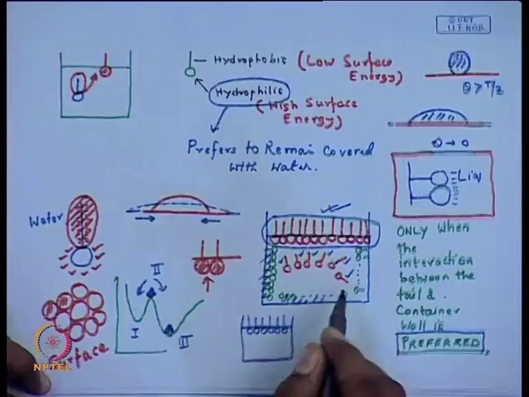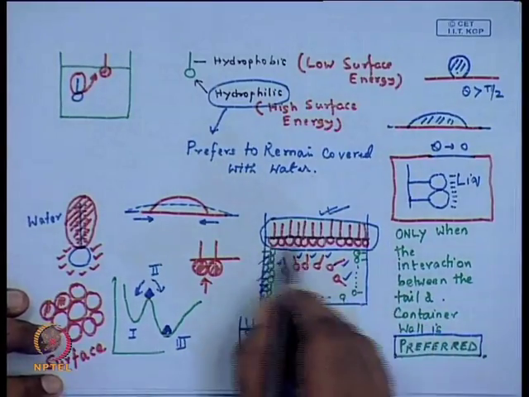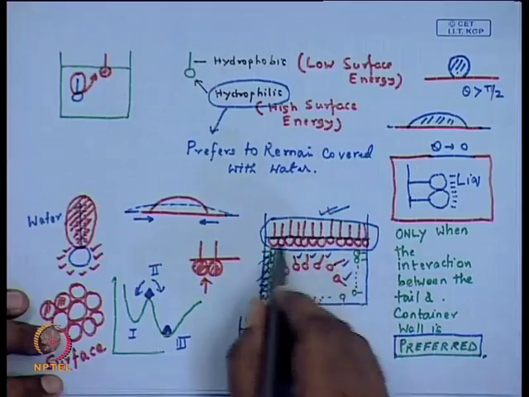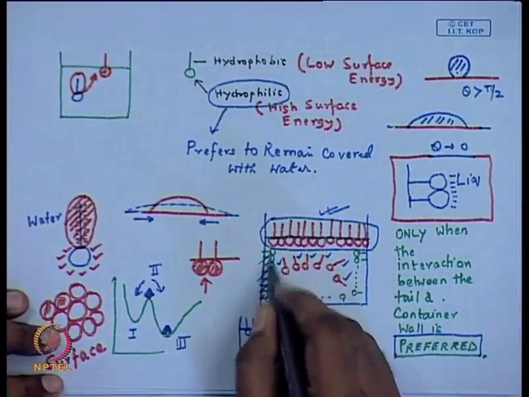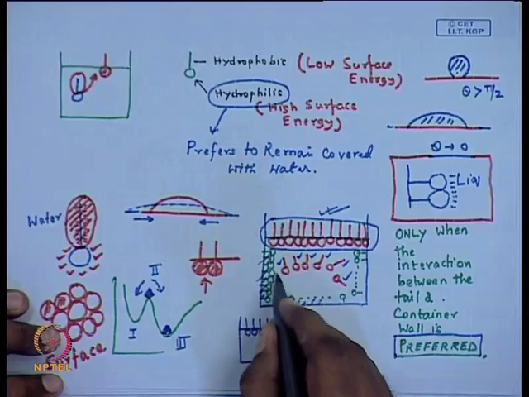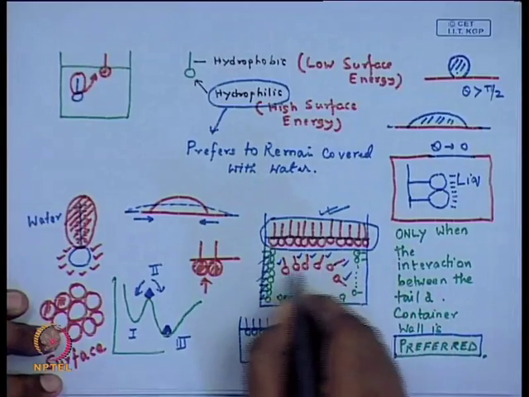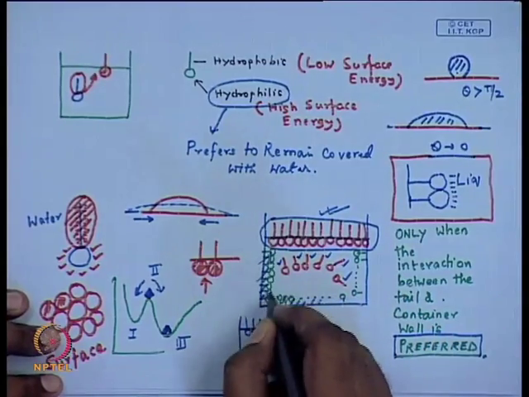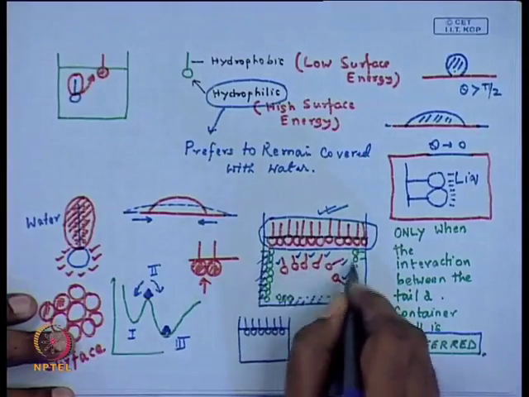I will repeat the question. Here you have a beaker of water, let us say, where the surface is completely full with the surfactant molecules already. In case the container surface and the tail groups have a preferred interaction, let us also say that whatever molecules had to go onto the wall, the wall is also filled up, there is no place at the wall, and then you add even more molecules.